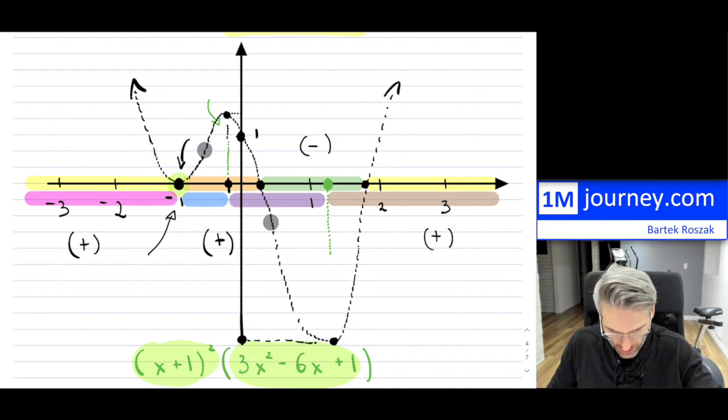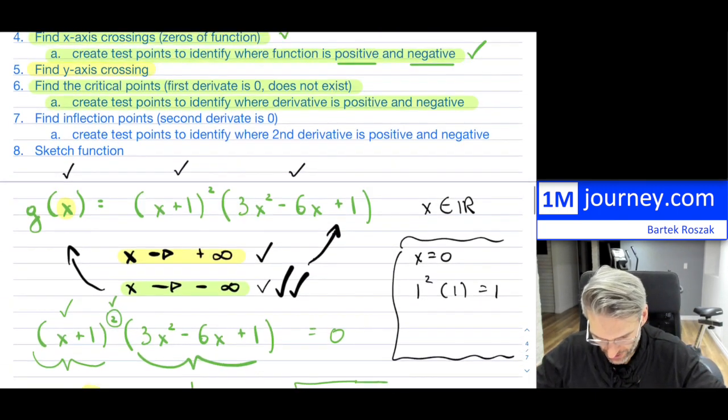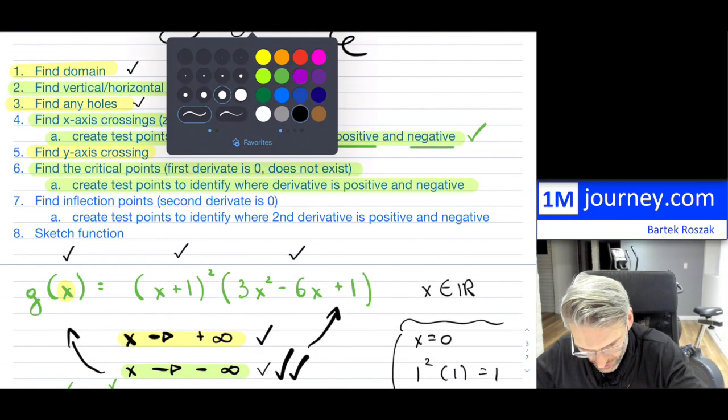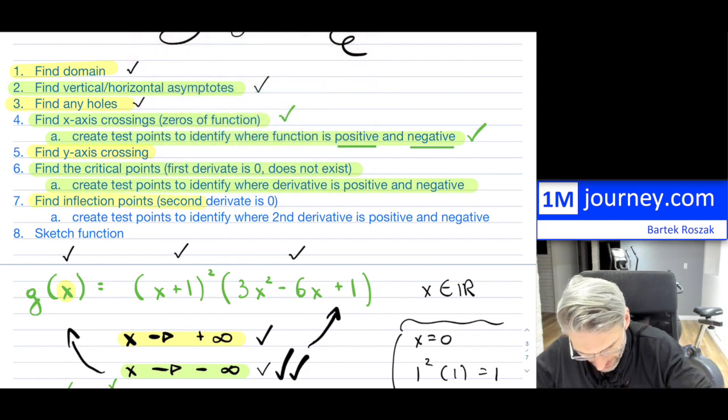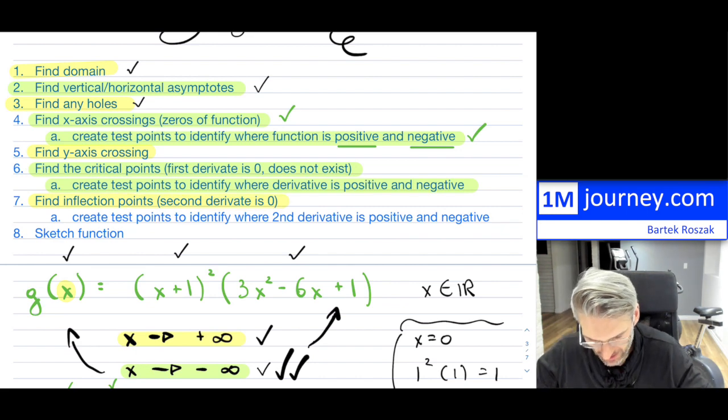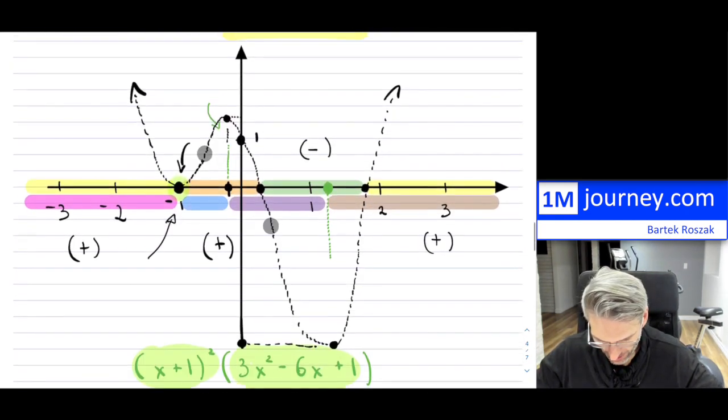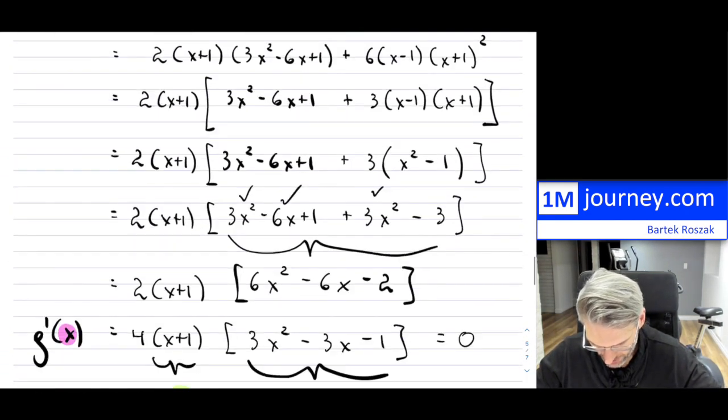All right, in order to check that, that is the next item we would have to look at: inflection points right here. So taking the second derivative and then doing the test points on that second derivative. And then that's pretty much an exhaustive search on this.